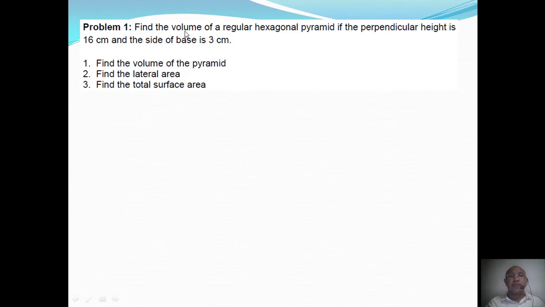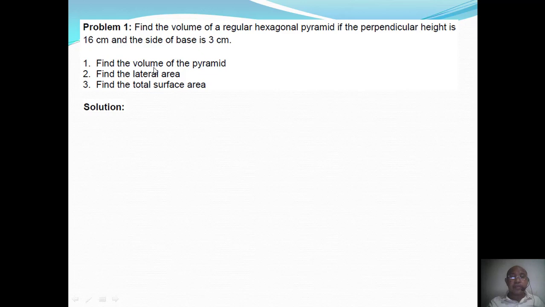So instead of only finding the volume, I will add questions: find the lateral area, and then also find the total surface area. So regular hexagonal pyramid, the perpendicular height is 16 and the side of the base is 3. So number 1, find the volume.